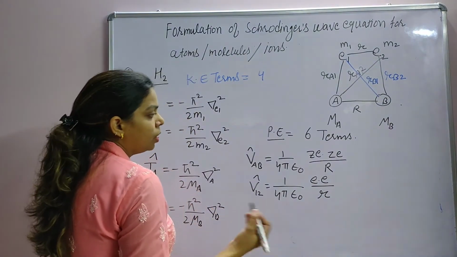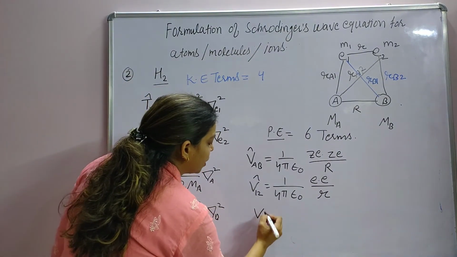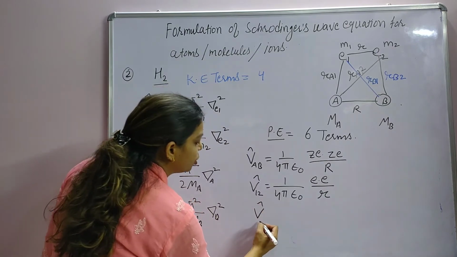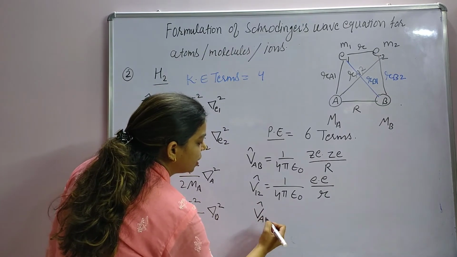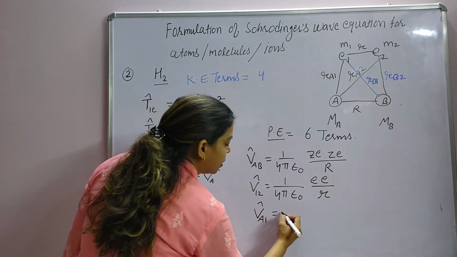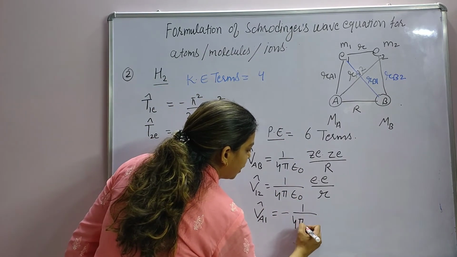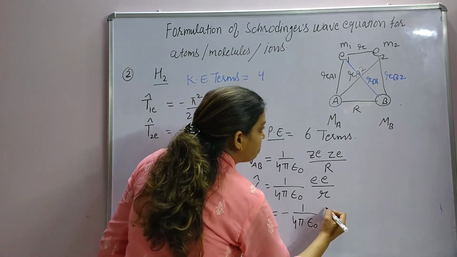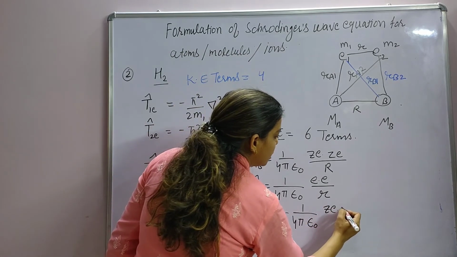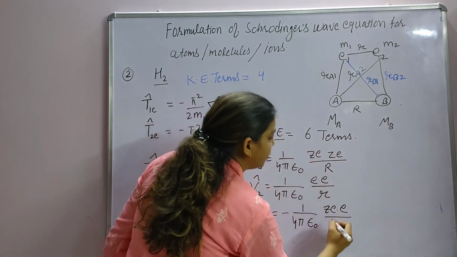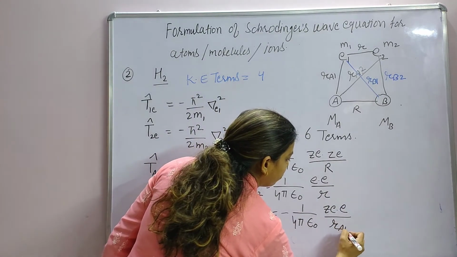Alright. Next term is potential energy due to attraction of first nucleus and first electron. It's an attraction, so minus sign, minus 1 by 4 pi epsilon naught, charge on the nucleus, charge on the electron, distance between the two is RA1.